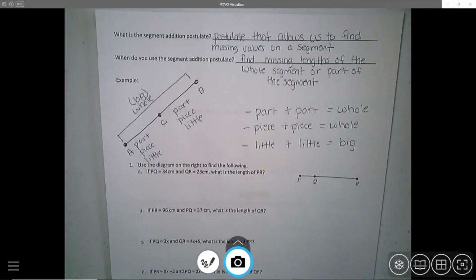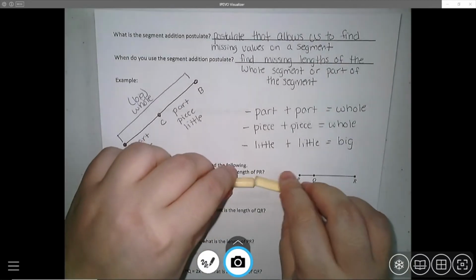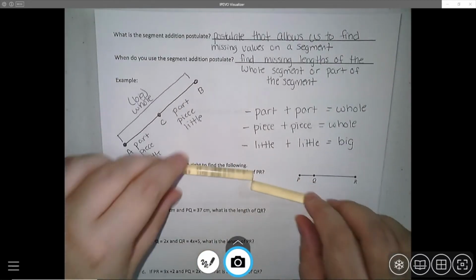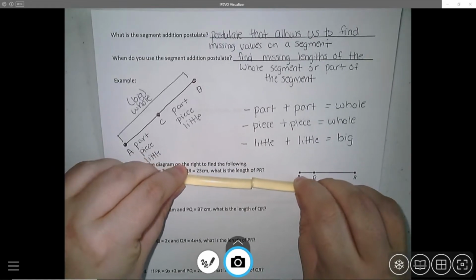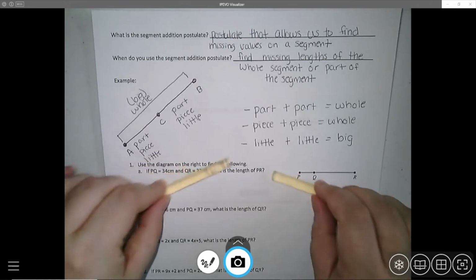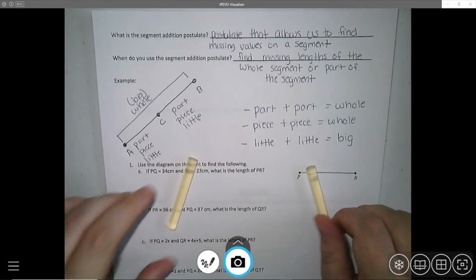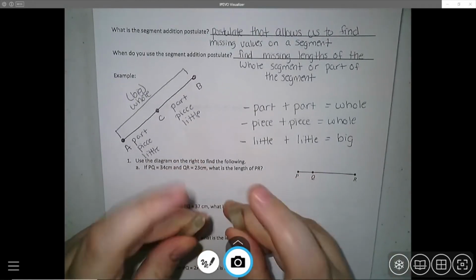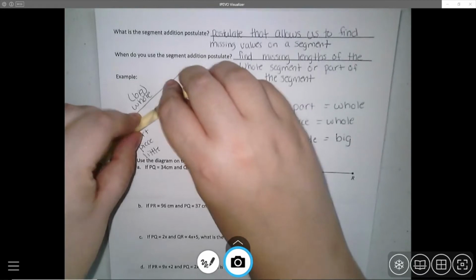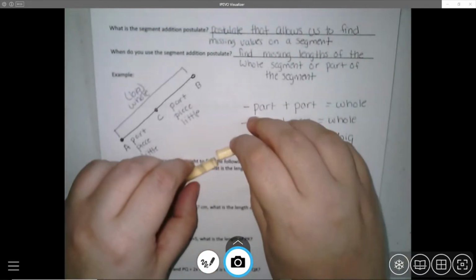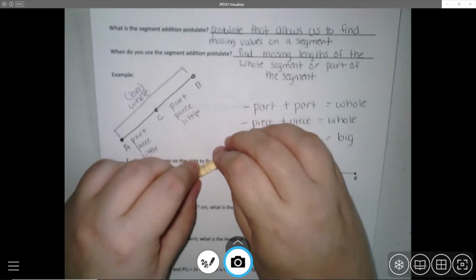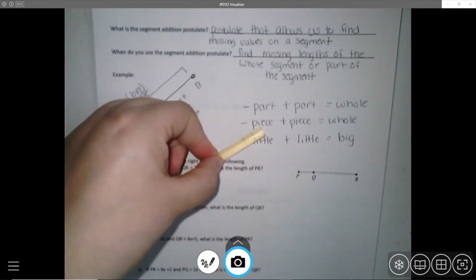Now, if I think about this visually, I have this glue stick. This is my whole thing. I have broken the glue stick up into two pieces. Where they break up is point C. If I put these together, they give me my whole glue stick.